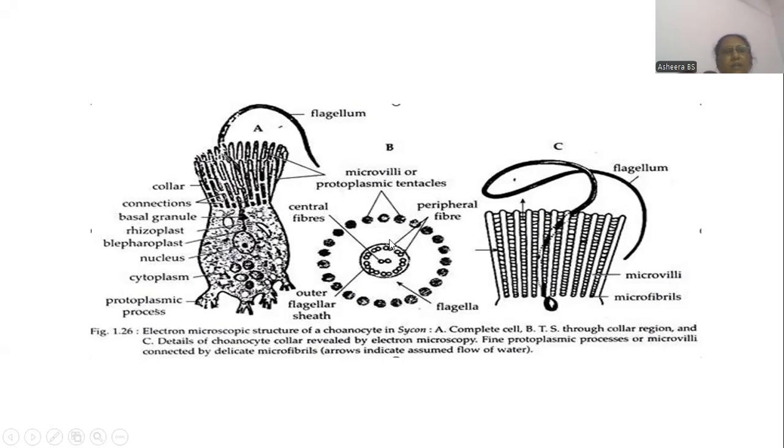You can see this is the microfibril, and these are the microvilli. This is how it will be present. So no need of drawing this. This diagram is enough. So that is about the choanocytes.